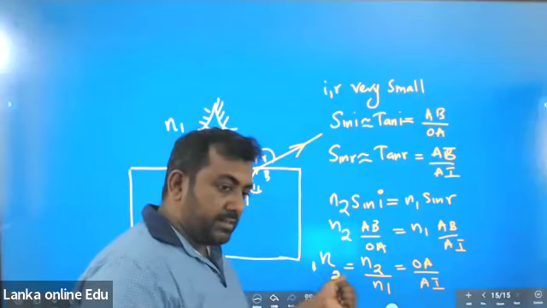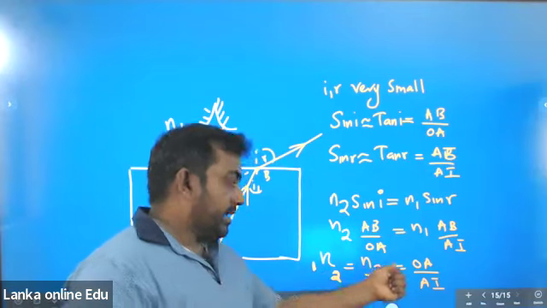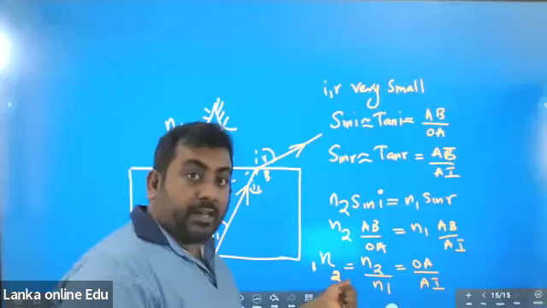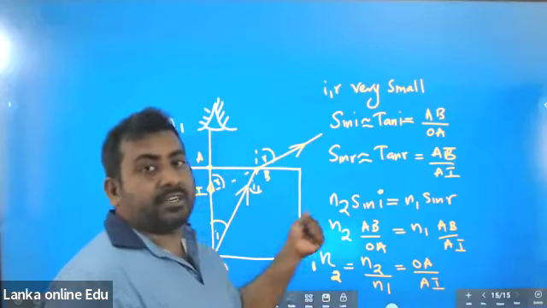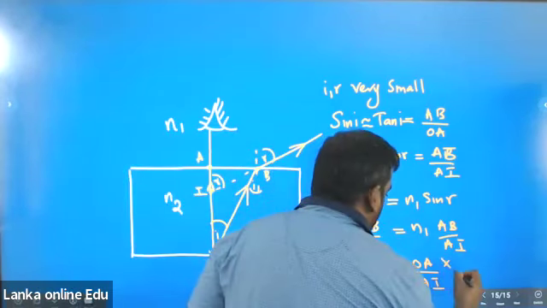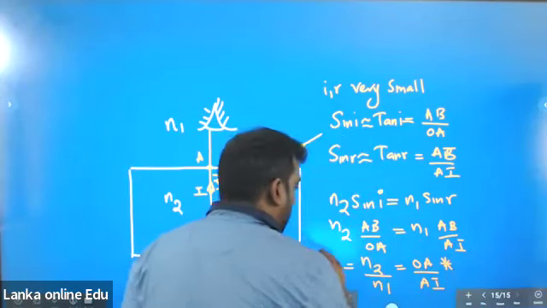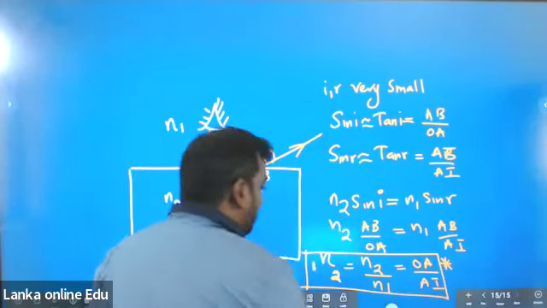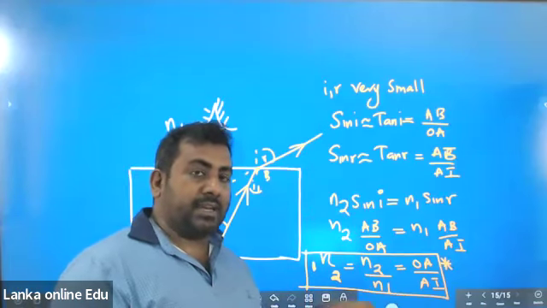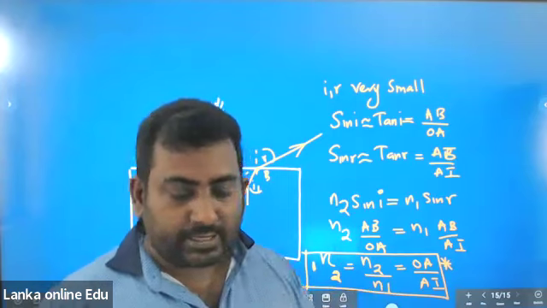The refractive index of the denser medium with respect to the rarer medium is always real depth over apparent depth. Don't forget. So if there's a different medium there, don't panic. You have to find the refractive index of the denser medium with respect to the rarer medium.